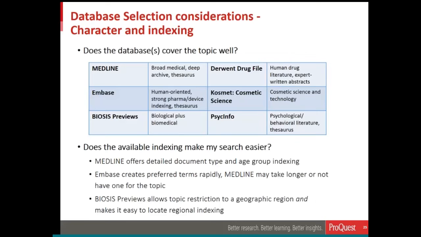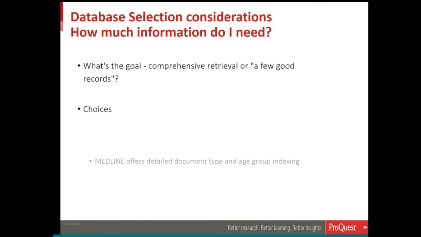Biosis Previews, if you're interested in a geographical region, has indexing that makes finding literature based on a particular region very easy to use. That's something that the other two databases don't have quite the strength in. So again, looking at the different databases, you may select a particular database or databases that have specific indexing that make it easier for me to find a particular subject.